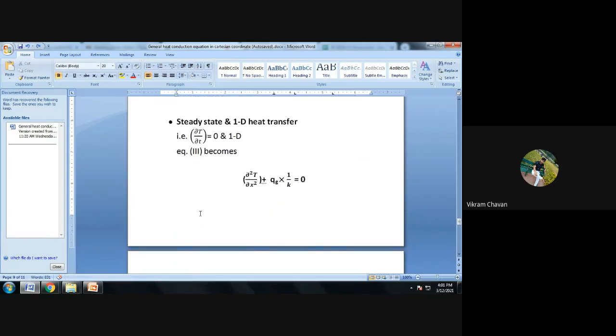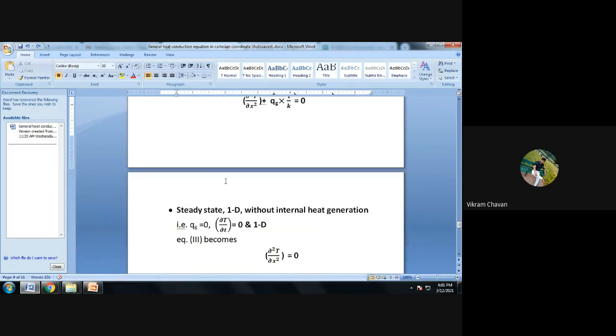Then the next form of the general heat conduction equation is steady state one dimensional without internal heat generation. The conditions are: qg is equal to 0, ∂T/∂t is equal to 0, and one dimensional heat conduction, that is 1D heat transfer.